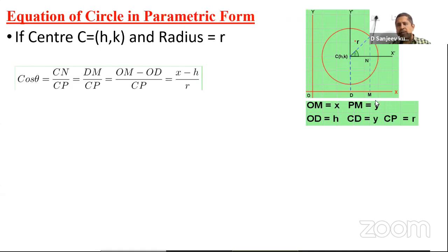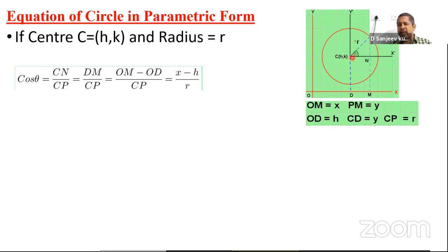Now you have OM as x, PM as y, OD as h, CD as k, and CP as r. So these are the assumptions which you made.